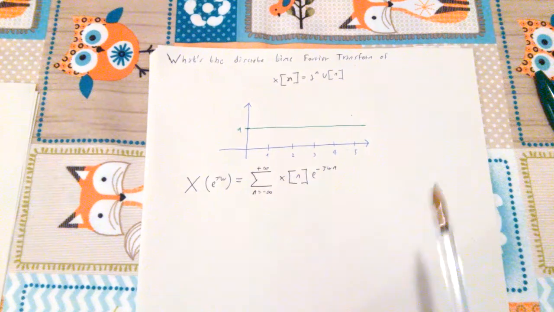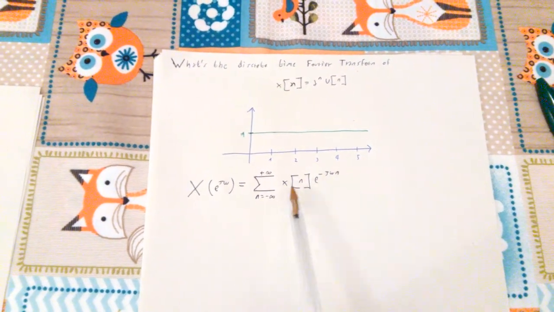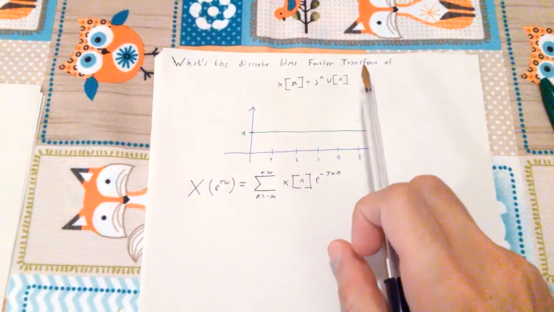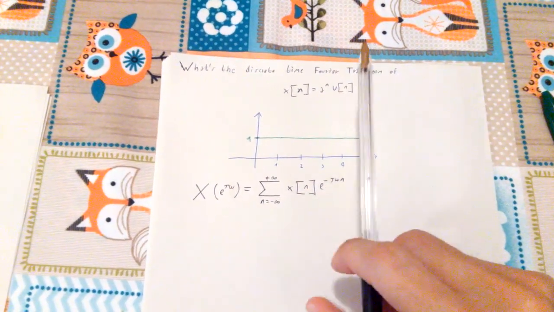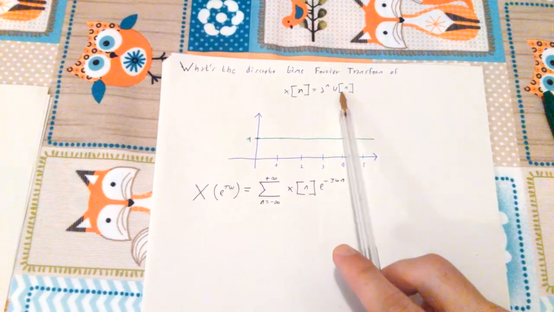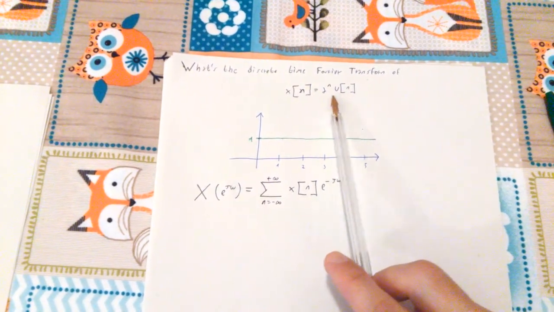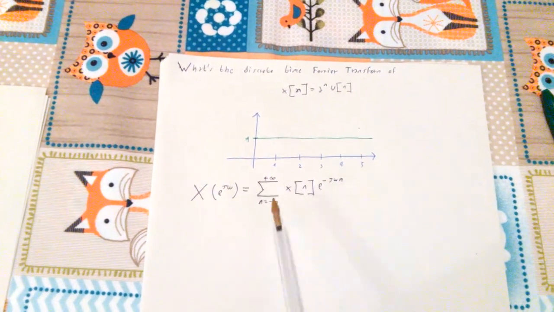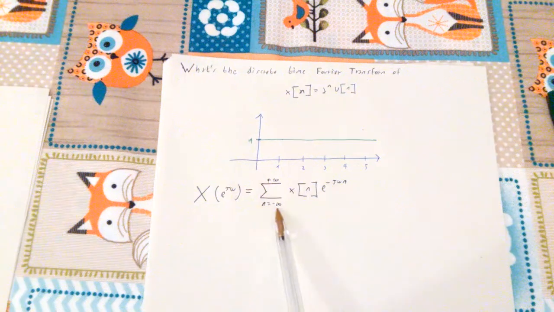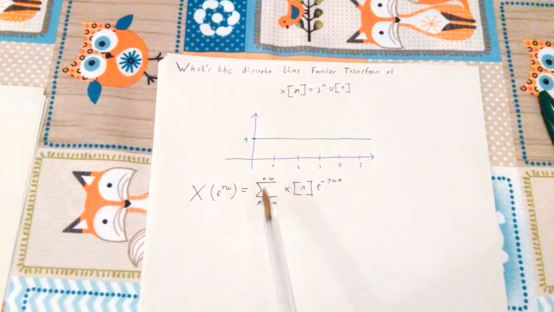Now, what is x of n? Well, x of n is a to the n u of n. And now the idea is to use the property of the unit step to throw this one away and take it inside the sum as the extremes.